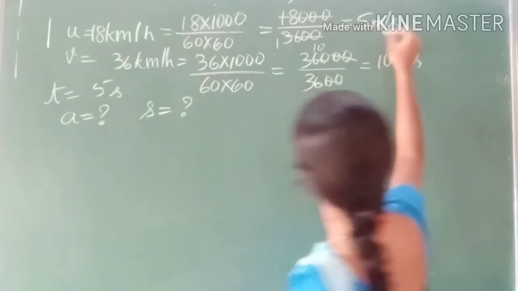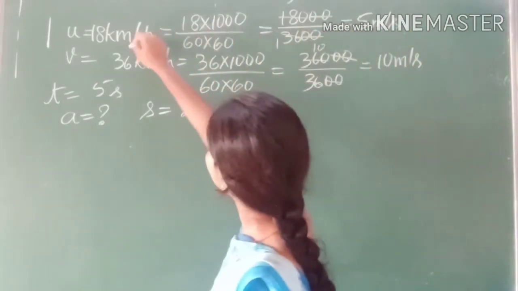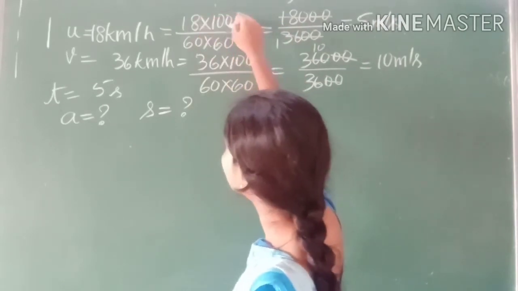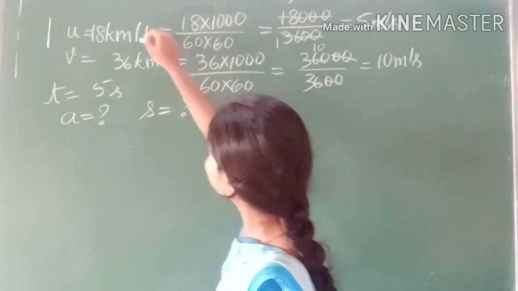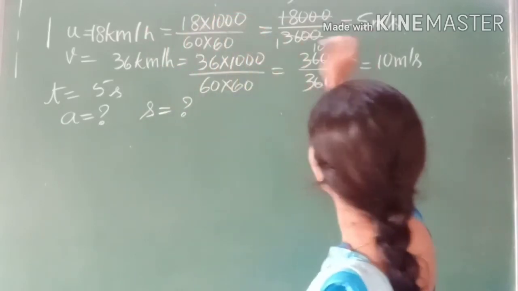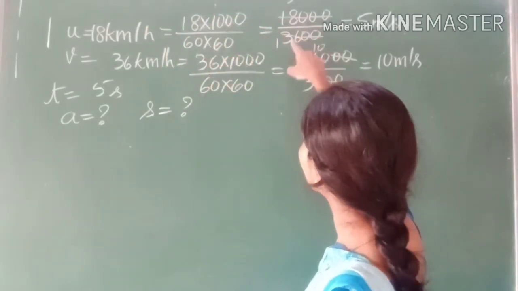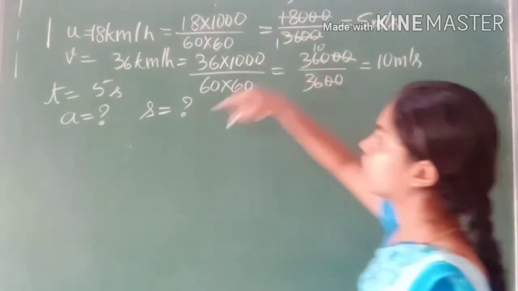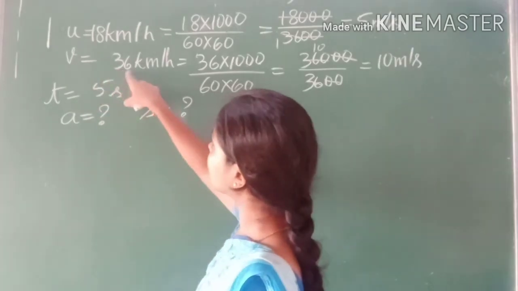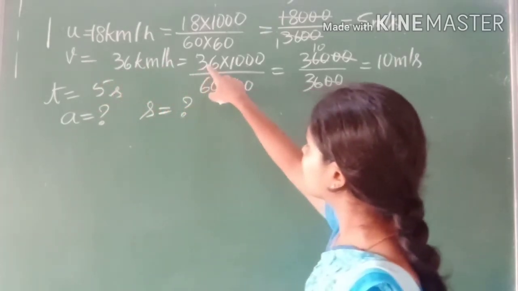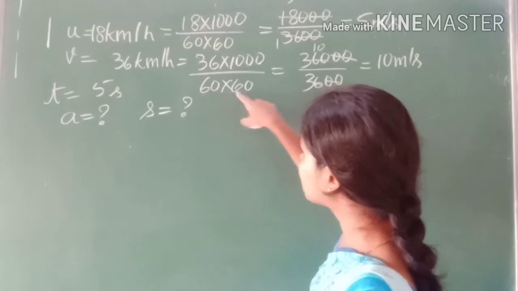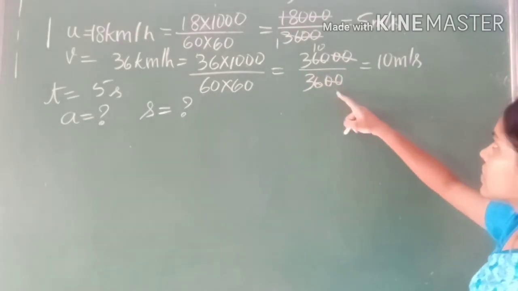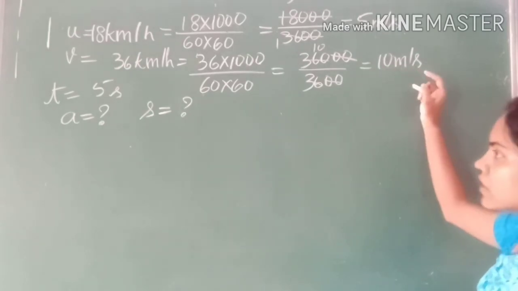Convert it into meter per second. 18 into 1000 divided by 60 into 60. So 18,000 divided by 3,600, that is equal to 5 meter per second. Then velocity v is equal to 36 km per hour. So 36 into 1000 divided by 60 into 60. 36,000 divided by 3,600, that is equal to 10 meter per second.